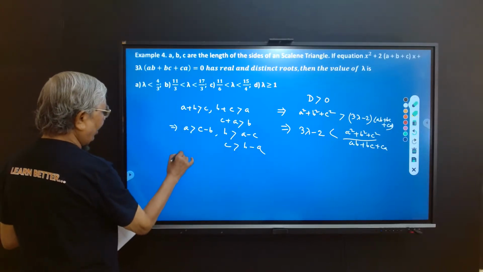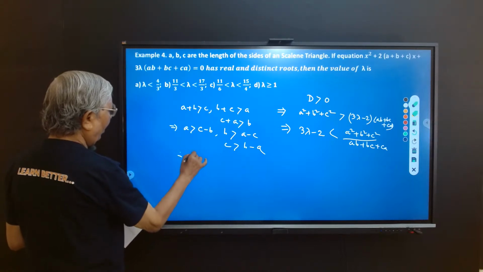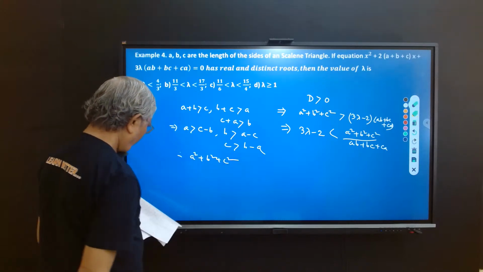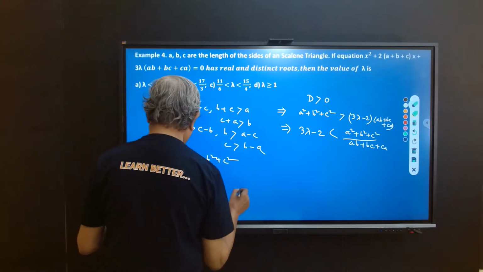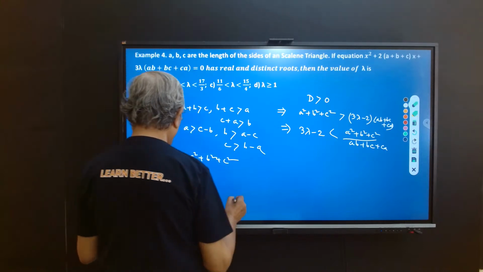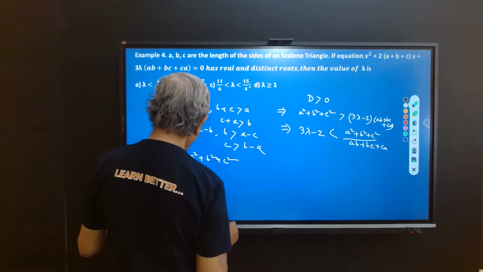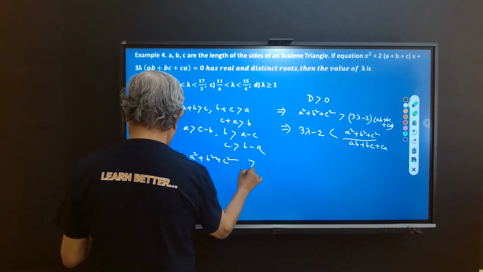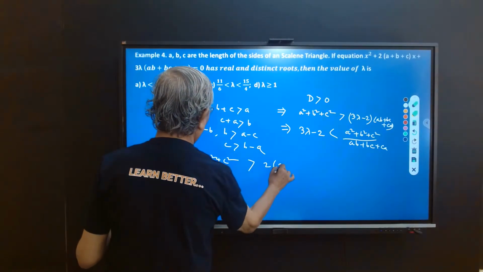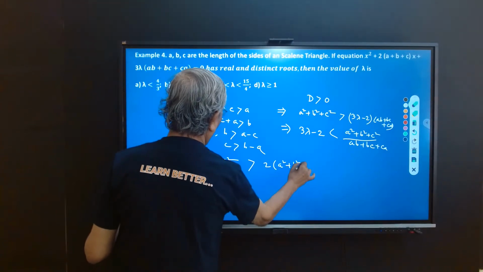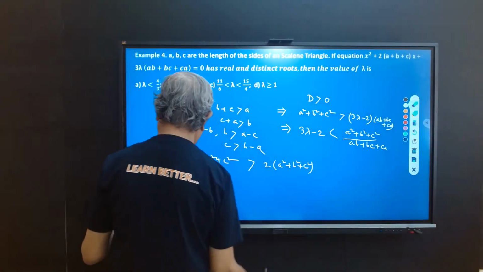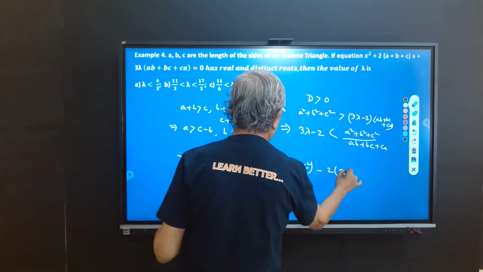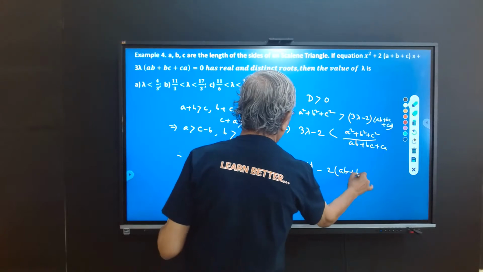Squaring and adding, what do you get? You will get a square plus b square plus c square greater than 2 into a square plus b square plus c square minus 2 into ab plus bc plus ca.